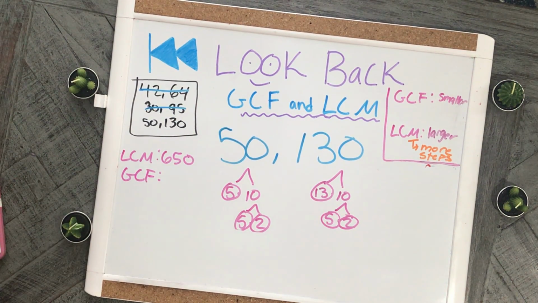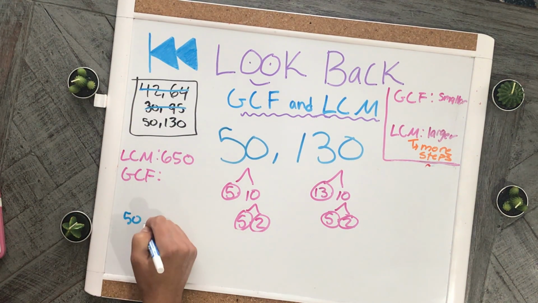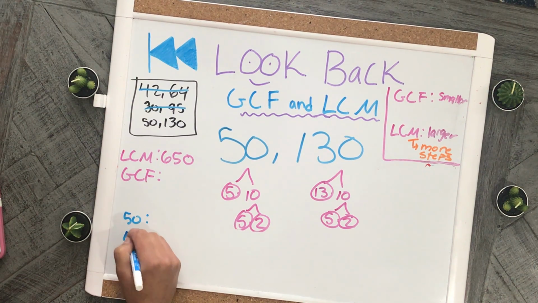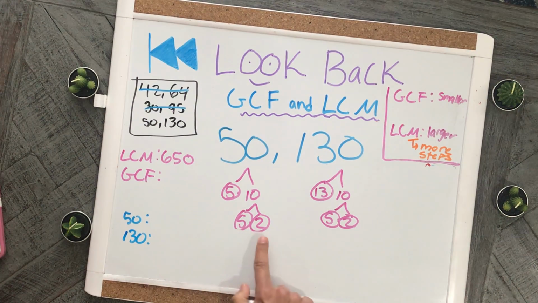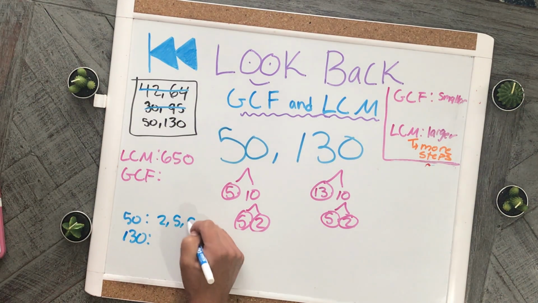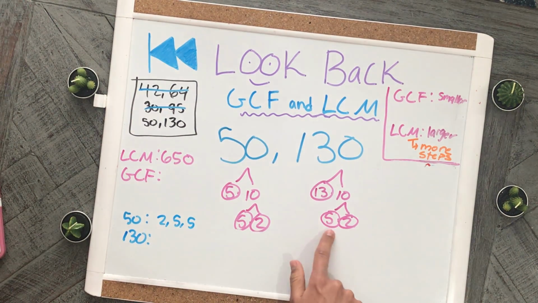Doing it out of order from what we've been doing. Everything's still the same. For 50 and for 130, for 50 we had 2, 5, and 5, and for 130 we have 2, 5, and 13.